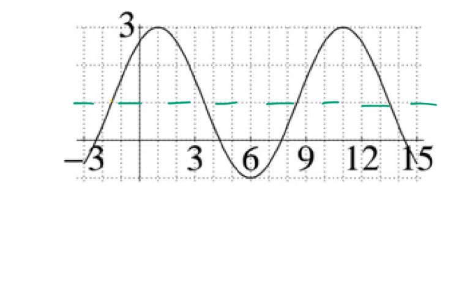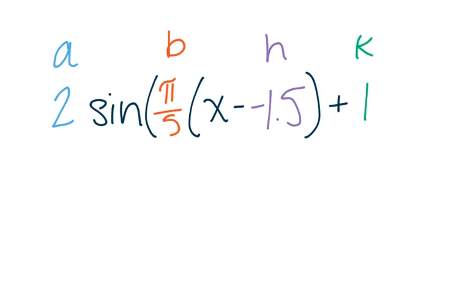Just so I don't have to worry about a reflection, I'm going to choose this point right here, which looks like it's at -1.5. I chose that point because my regular sine function starts at the origin and goes up. So I would go ahead and pause and try to work this one out, and then I'll have the solution for you on the next screen.